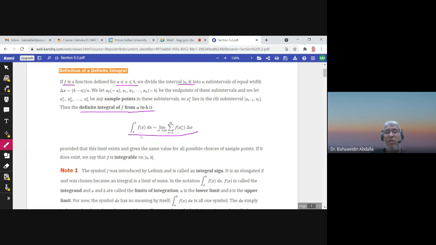This is called the definite integral, under the condition that this limit exists and has the same value for all possible choices of sample points, whether you choose the right endpoint or the left or the mid or any other point. If this limit exists, then we say that the function f is integrable on the interval a and b. So this is the definition of the definite integral.